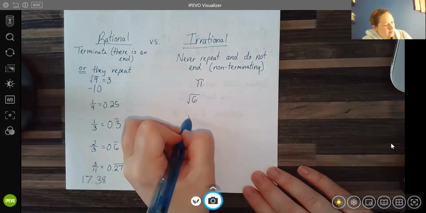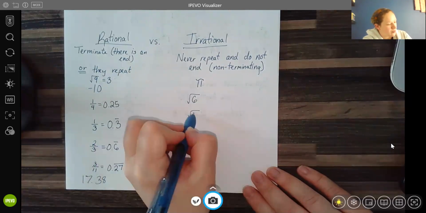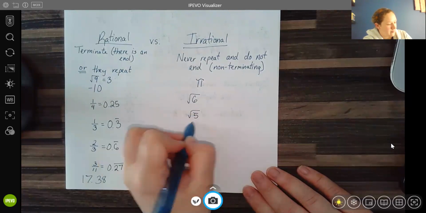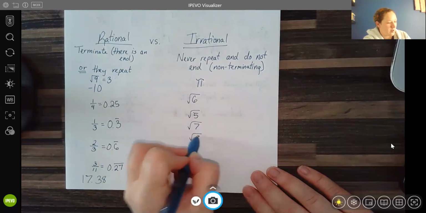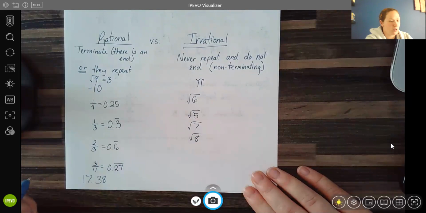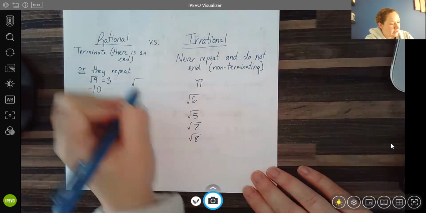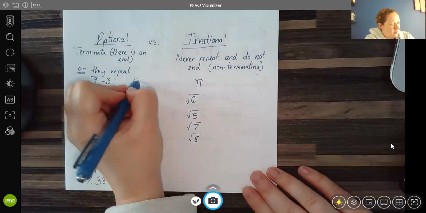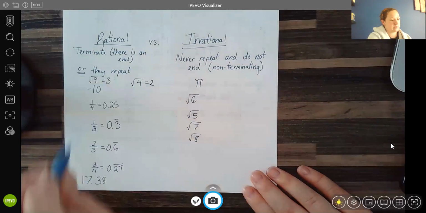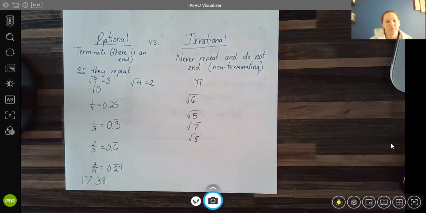Okay, but all those numbers in between are irrational. Square root of 4, I did not include for irrational because that equals 2. So that's a rational number. Okay, so that's just a brief overview of rational versus irrational.